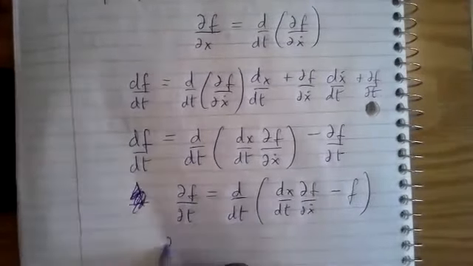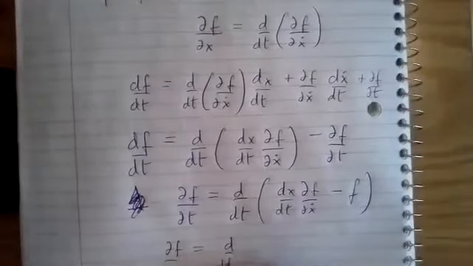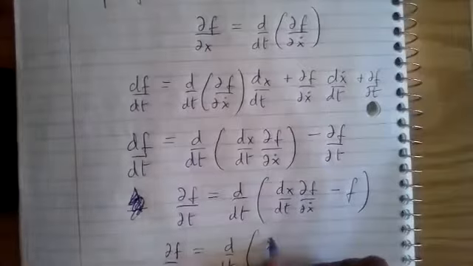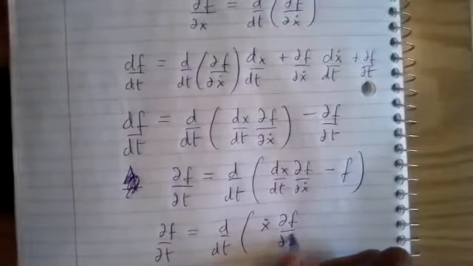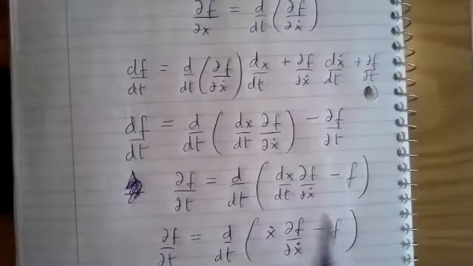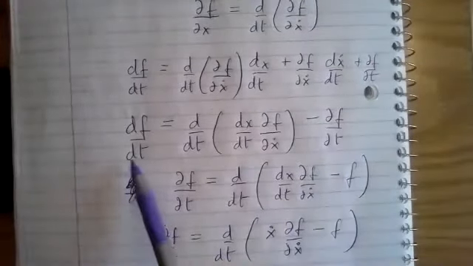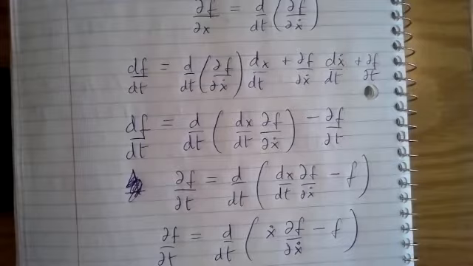I'll just write that one more time, but write this as just x dot. Where did that minus sign come from? Oh, I moved the partial to the left side and the total derivative to the right side. Okay, because in the line above that, it looks to me as if you have the partial and the total backwards.